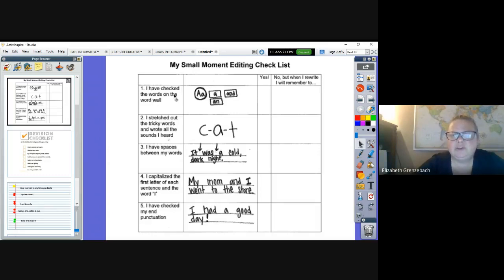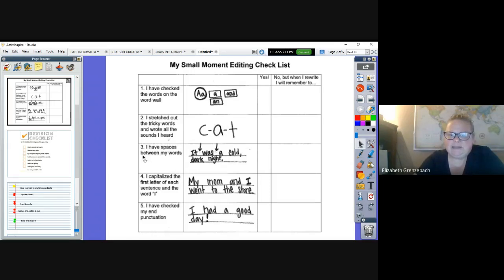That's where you can check those words, okay? I stretched out the tricky words and I wrote all the sounds I heard. That means you tapped out the word, like the word cat. K-a-t, cat. So that's something we'll be checking on my writing piece in a minute too.